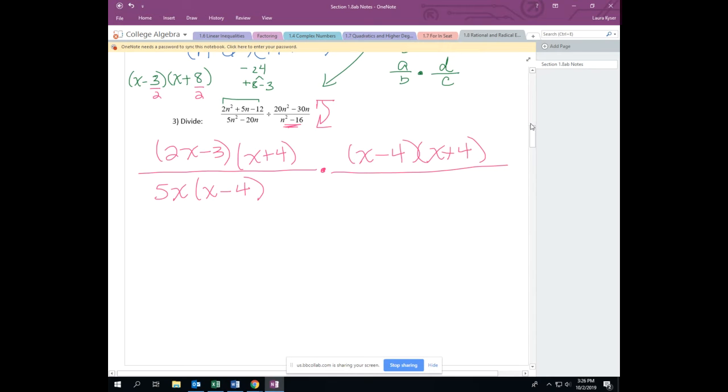The bottom now is this guy here, and it looks like we have a GCF of 10x. And then I'm left with 2x minus 3.